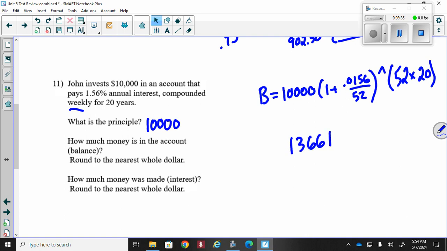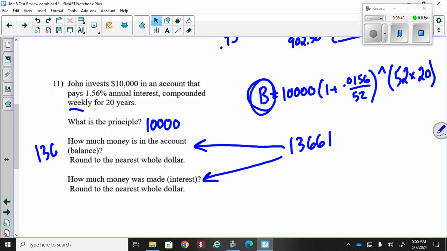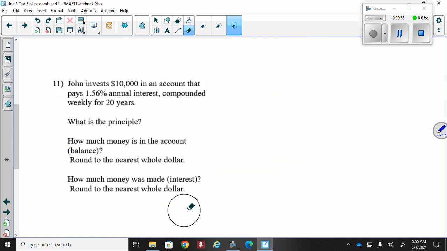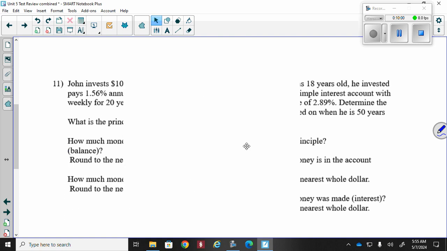Now the question is, is it the balance or is it the interest? Remember, the formula starts with a B, so that means it's going to be the balance. So the balance is 13,661. How much money was made? Well, I started with 10,000. I now have 13,000. A simple subtraction problem will give me the answer. Again, just pause and back up the video if you need to see that again.